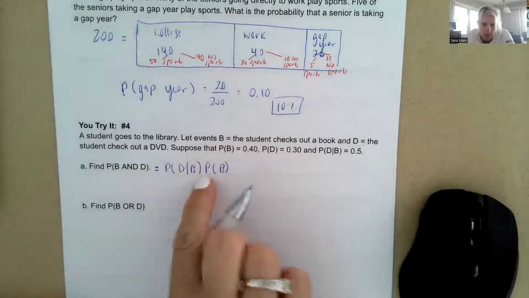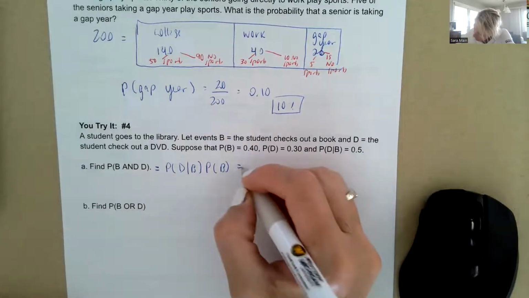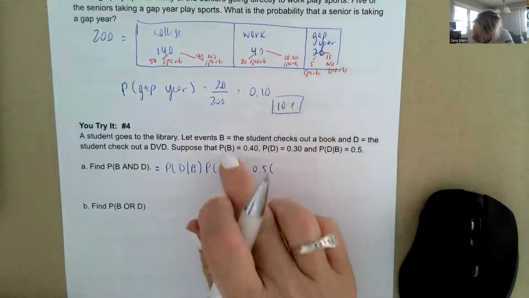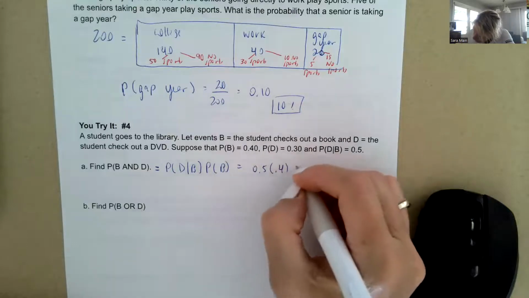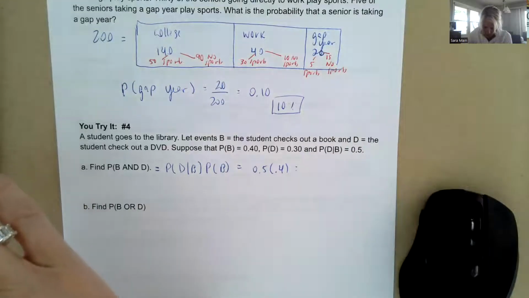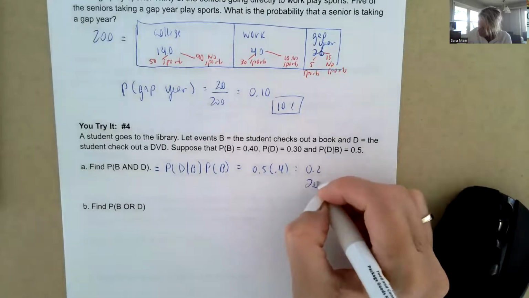Okay. So we know D given B is 0.5 times the probability of B is 0.4. So 0.2, 20%.